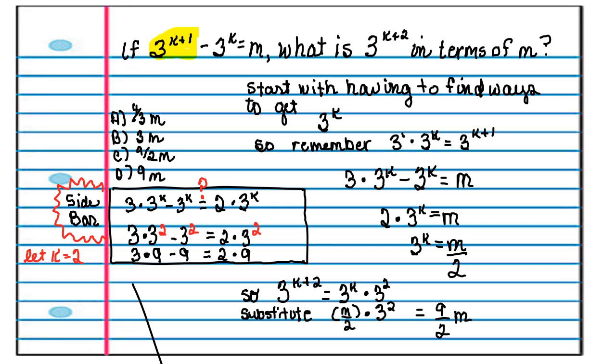So anytime you see terms of m, it means we want that letter in the variable term. So we have to manipulate things back and forth till we get some term that has m in it. So we're going to have to start to find ways to get 3 to the power of k.